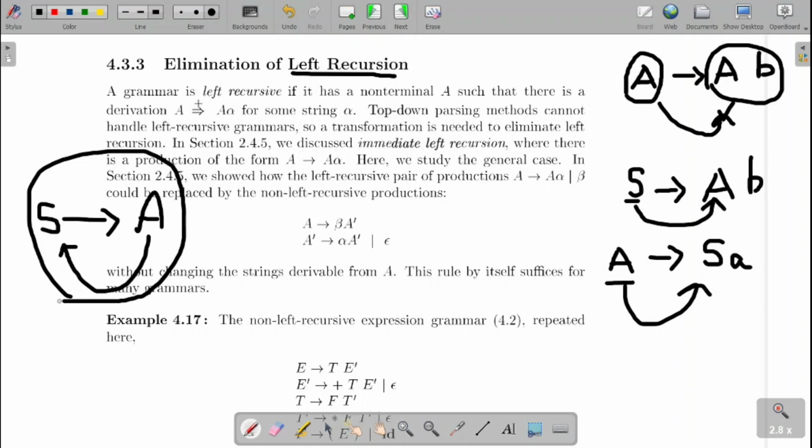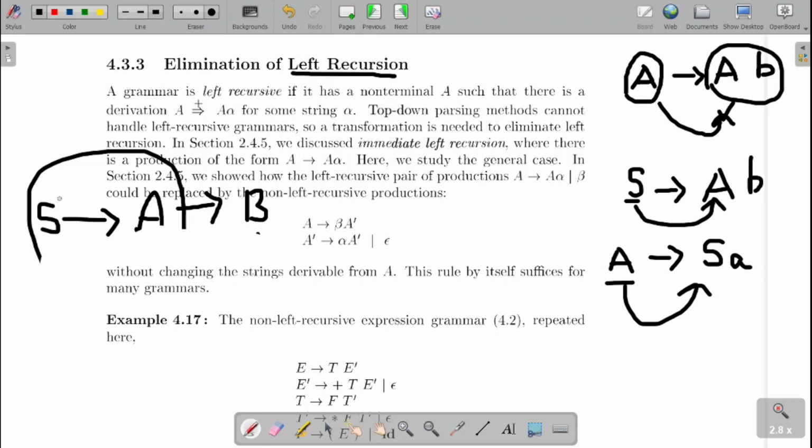It may be a direct one like this, or we may have one more option: A will give us B and B will give us S. All these things you should handle.